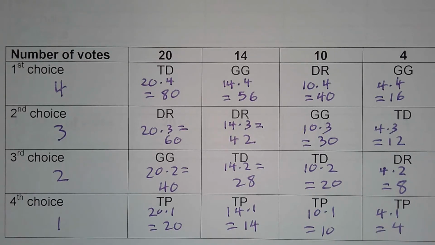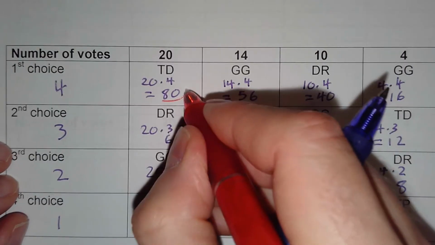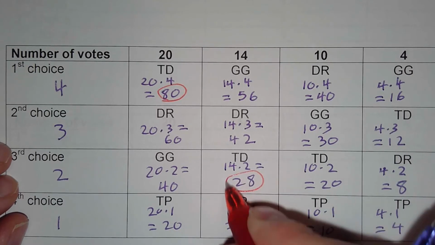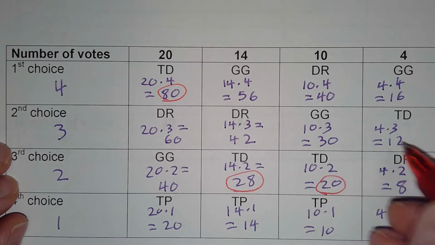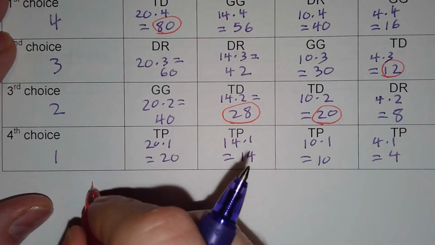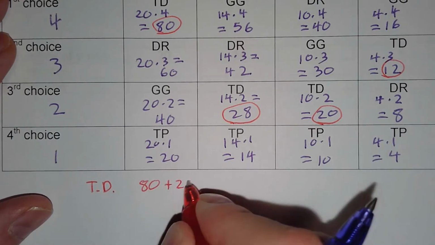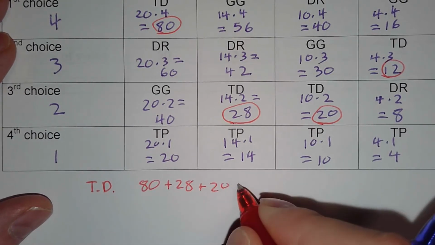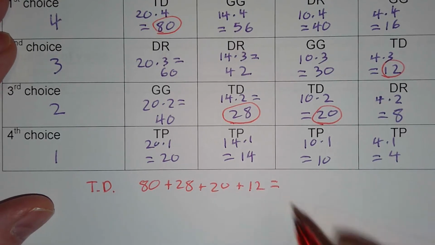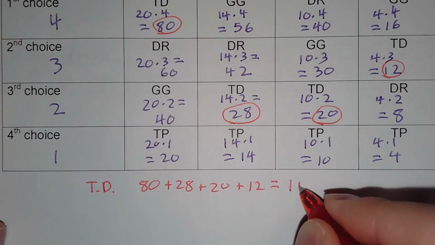So now we're going to go and total these up. So first I'm going to look at Tim Duncan. So Tim Duncan, I have 80, 28, 20, and 12. So I'm going to add those numbers up. And if you add those up, that should give you 140.